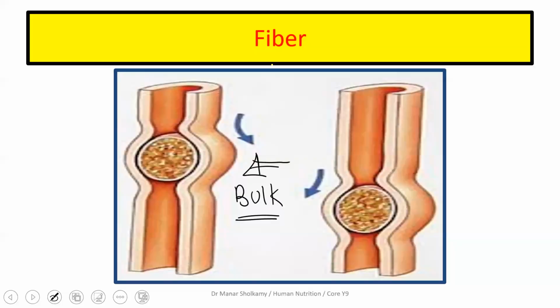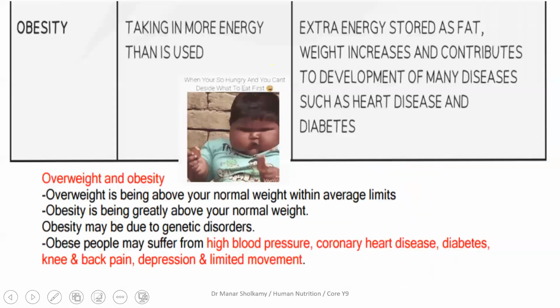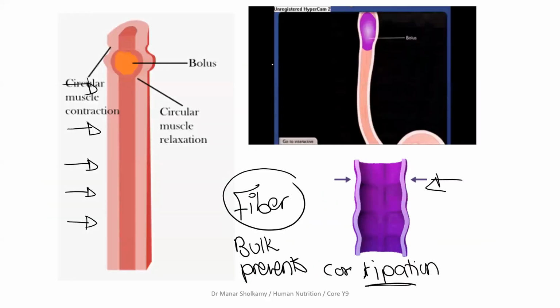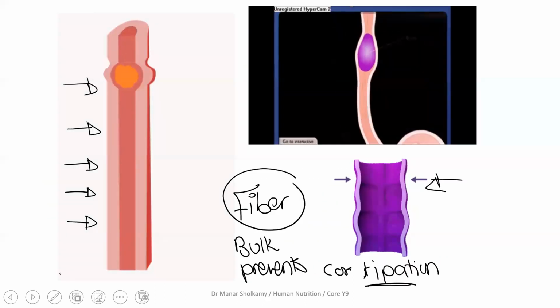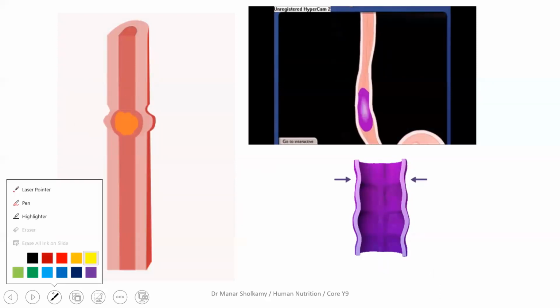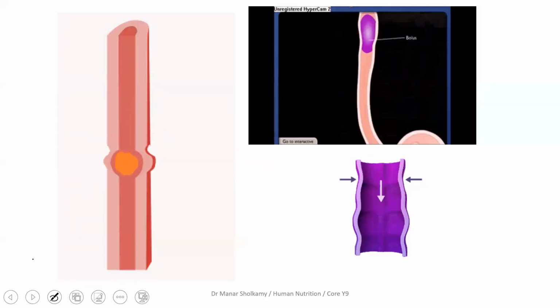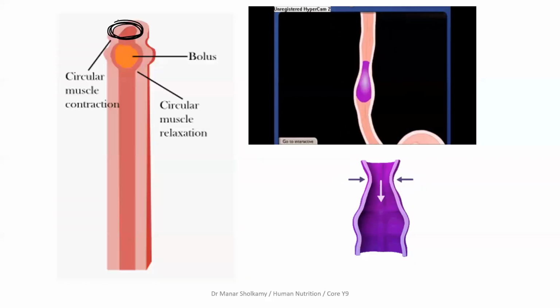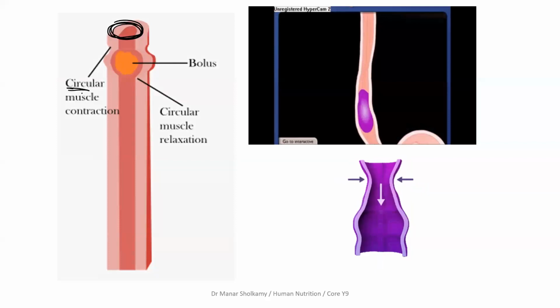Let me get another picture, okay? So in your digestive tract, how is the digestive tract moving? Anything that moves, it moves because of muscles. You have two sets of muscles in your digestive tract. You have muscles that are circular, and that is why they're called circular muscles.